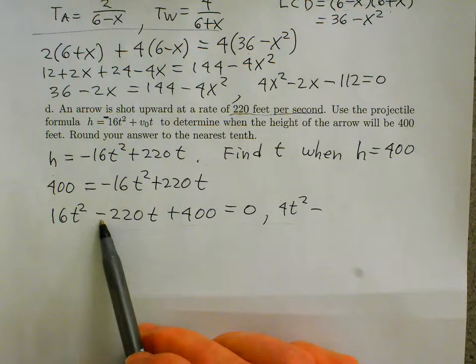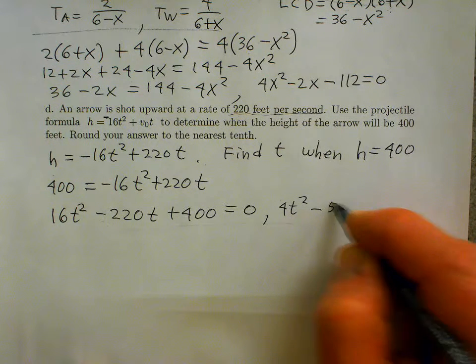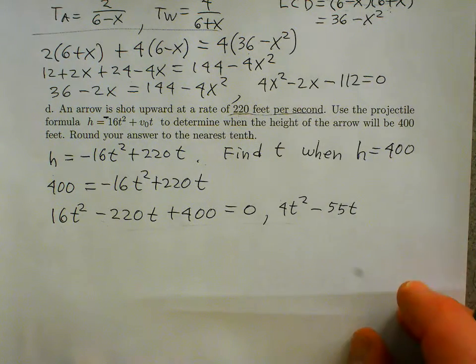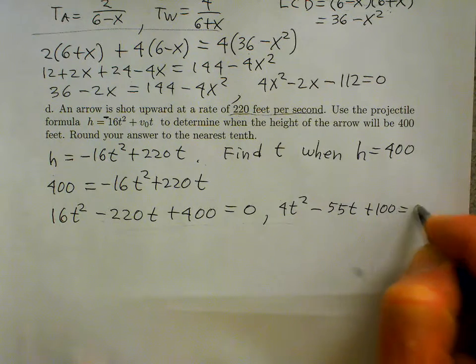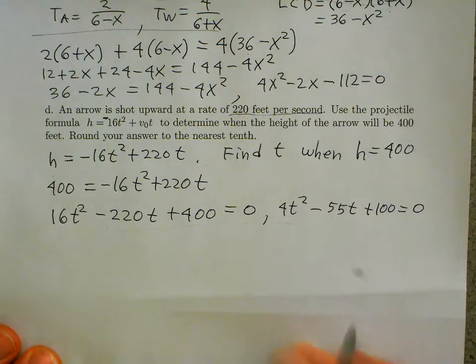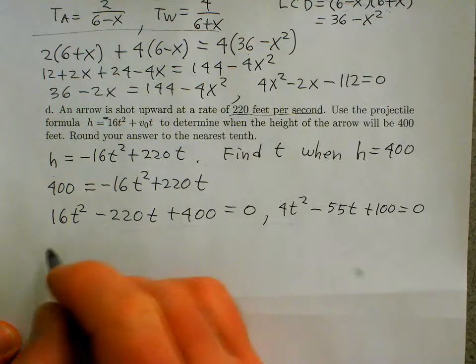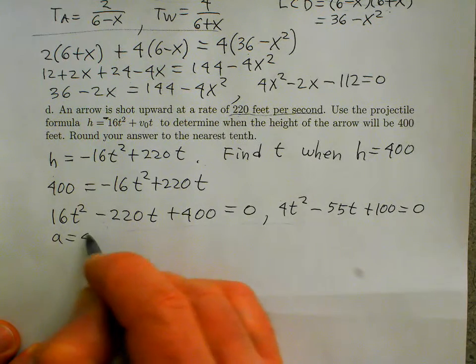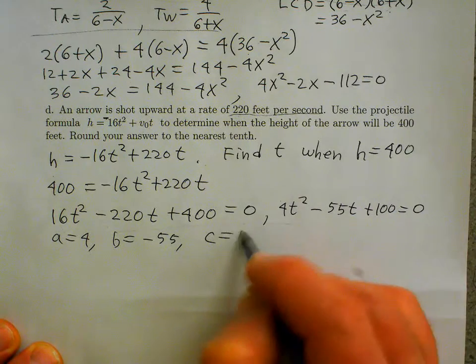And negative 220t divided by 4 is negative 55t. And then 400 divided by 4 is 100. So we can use the quadratic formula. So a is 4, b is negative 55, c is 100.